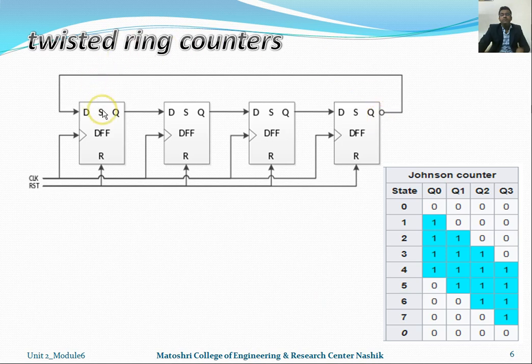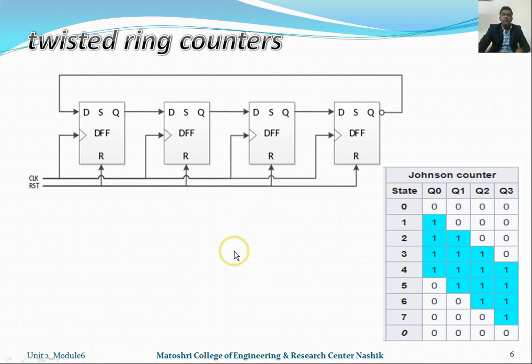Firstly, the 0 data rings for 4 clock pulses, and for the remaining 4 clock pulses the 1 data rings. You can clearly see 1 1 1 1, and then 0 0 0 0 is stored, and in similar fashion 1 1 1 1 rings for 4 clock pulses and then 0 0 0 0 for 4 clock pulses. So for the same physical requirement, in the case of a ring counter we use 4 bits and get 4 output states. Similarly, in the case of the twisted ring counter, we utilize the same physical model of 4 bits, but we get 8 distinct output states.